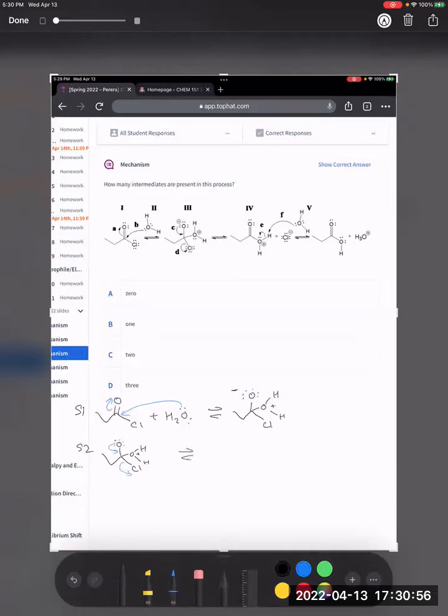As a result, you are going to get the same carbon-oxygen double bond, and chlorine is going to be removed. That's our second step. In step 3, we'll be using this molecule over here, which is going to react with water.